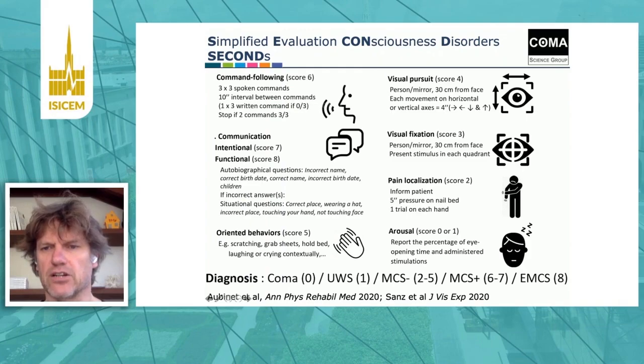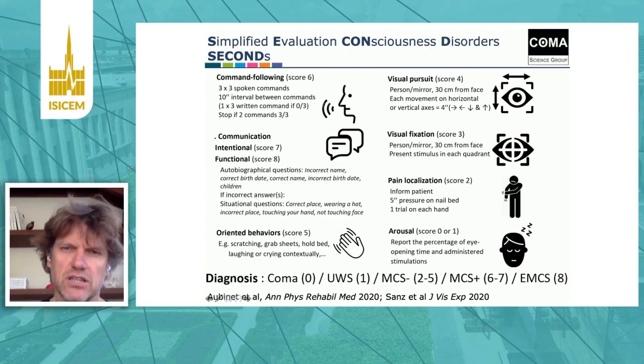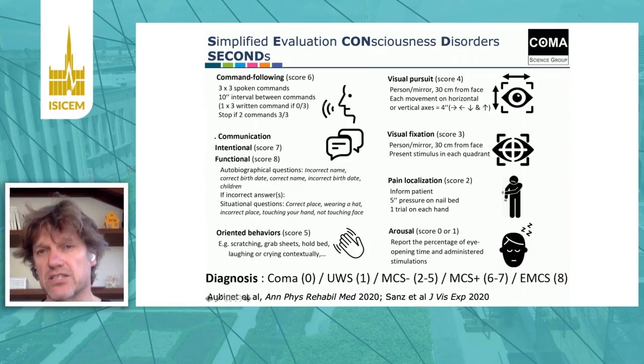And then finally, arousal, similar to the Glasgow Coma Scale. So very simple, very quick scale, but with the correct items, permitting not just to look at coma, but also unresponsive wakefulness, and as soon as possible, identifying minimally conscious state and emergence with the recovery of consciousness.